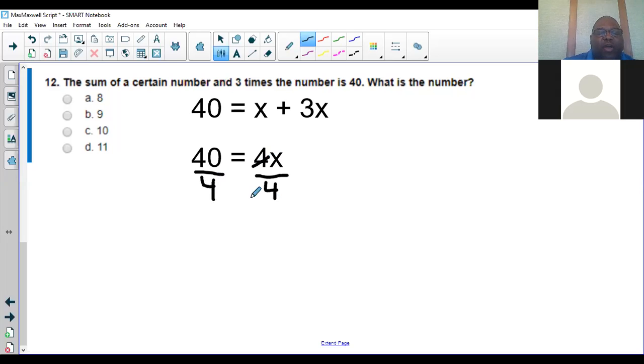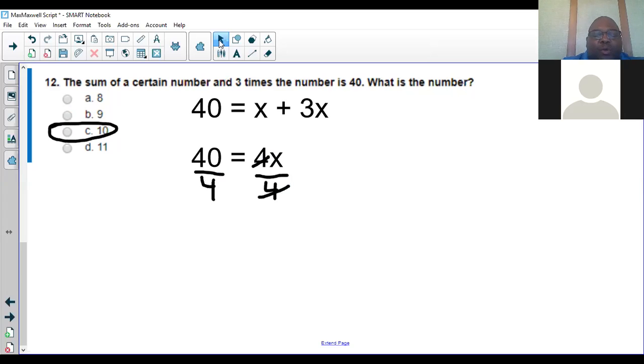Okay. 4 divided by 4 is going to give me a whole number. And 40 divided by 4 is what? Ten. So x has to equal what? 10. Okay. Now, okay, that makes sense.